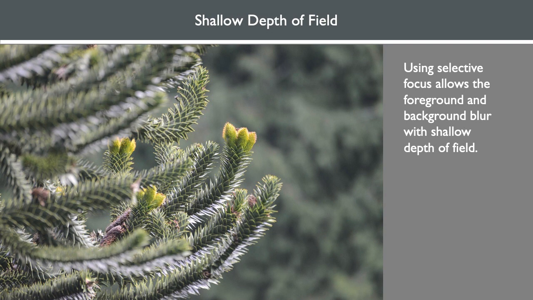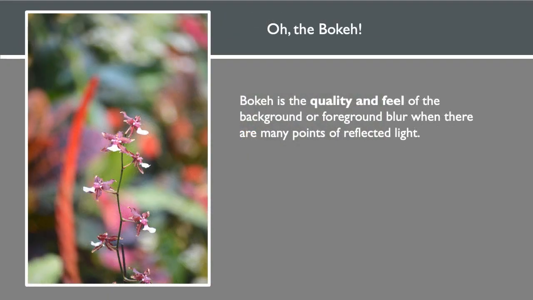while focusing on a single area. Bokeh is not the blur of shallow depth of field. Rather, bokeh is the quality or feeling of the background or foreground blur when there are many points of reflected light. A bokeh can be achieved using a smartphone or a DSLR. Quality of the lens makes a huge difference.